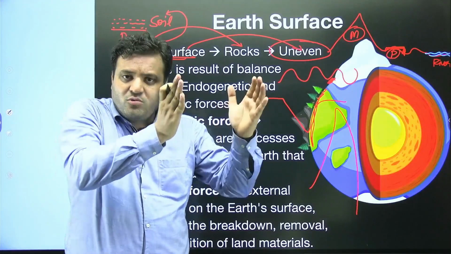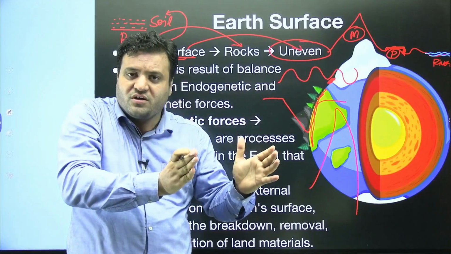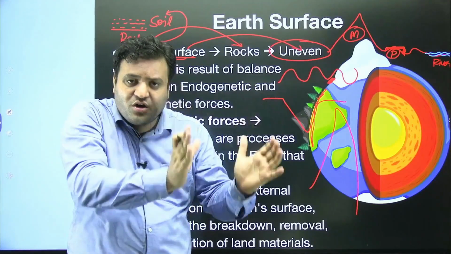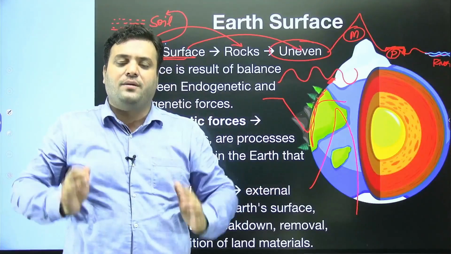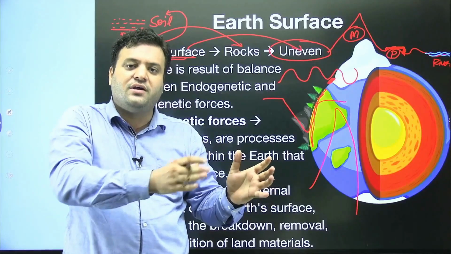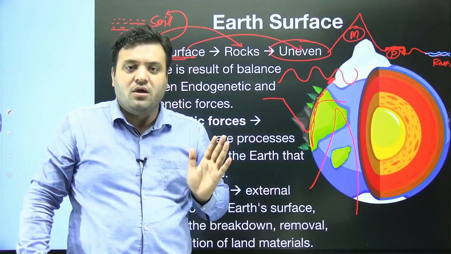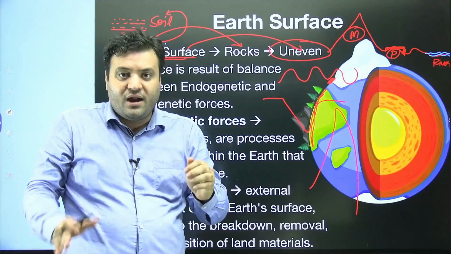You have to apply the concept of geography on humans, how geography is going to affect the life of people, how geography is going to affect the socio-economic behavior of people. You have to work on this.